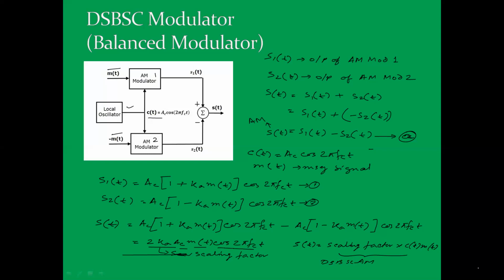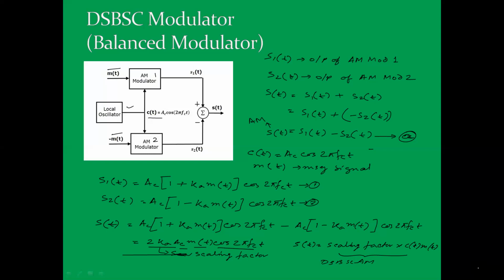By using the balance modulator, we will get the output, which is the product of C of T and M of T, having a scaling factor 2Ka, or I can say a constant factor 2Ka. So this is the output of the balance modulator.